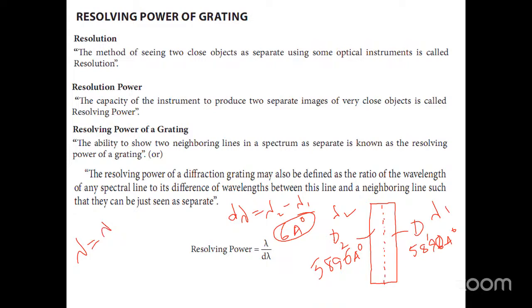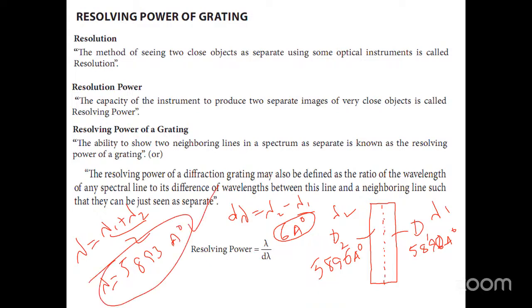Lambda is lambda 1 plus lambda 2 divided by 2, that is 5896 plus 5890 divided by 2, which gives 5893 angstroms. This is very, very important from the examination point of view. Many problematic questions have been given out. Please do them.